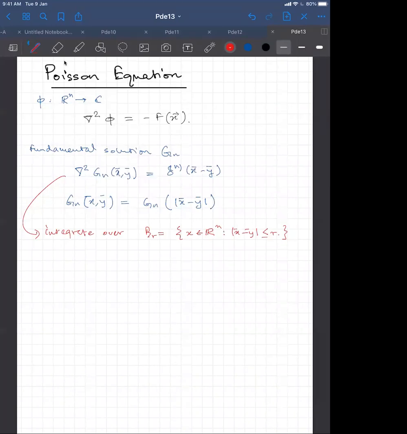And what we obtain is simply, 1 is equal to the integral of dgn dr.